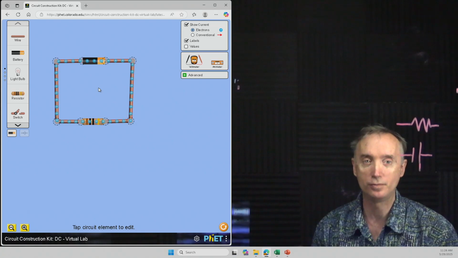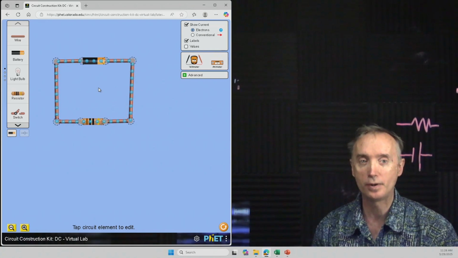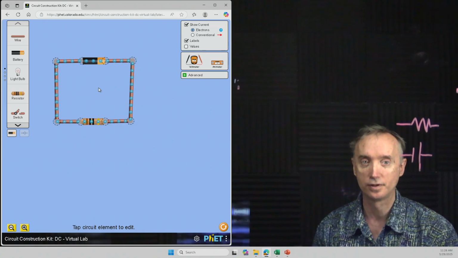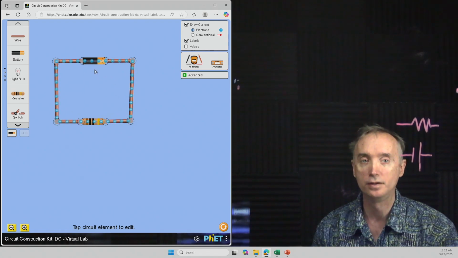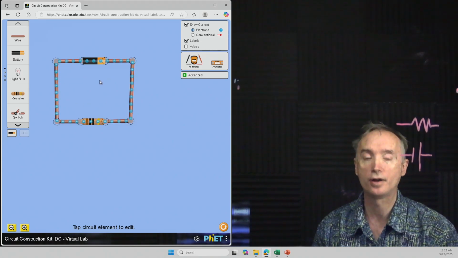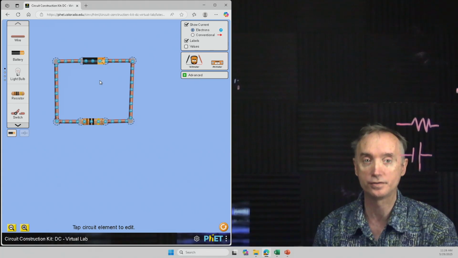Now, physics people, they always like to use positive charges. So could you imagine that instead of negative charges going, now this would be counterclockwise, could you imagine that positive charges would be coming out of the positive terminal and they would be going clockwise around it? So that is how a physics person defines electricity.